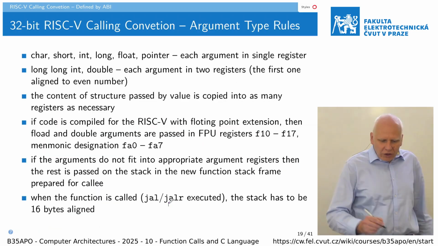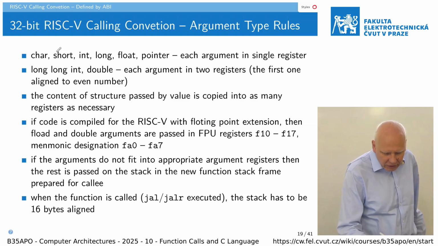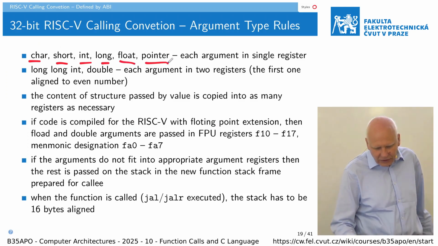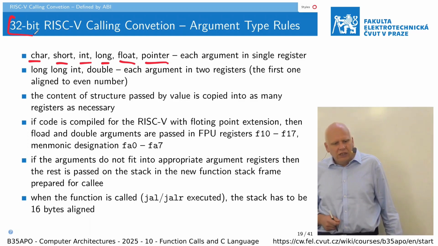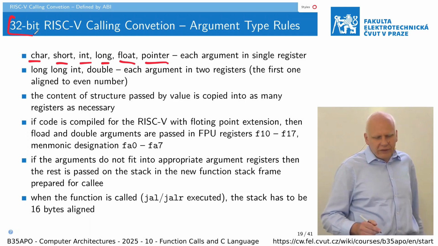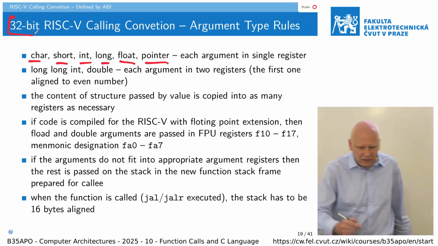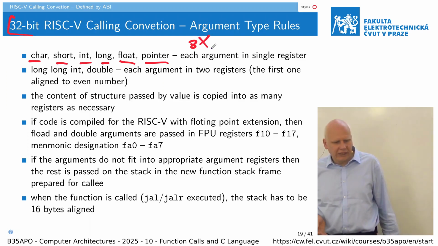Okay, as for the actual data types, how they are passed. If we have a character, short, integer, long, and float, and even a pointer, then on the 32-bit RISC-V architecture, each of those arguments will occupy a single A register, some AX register for each of them.